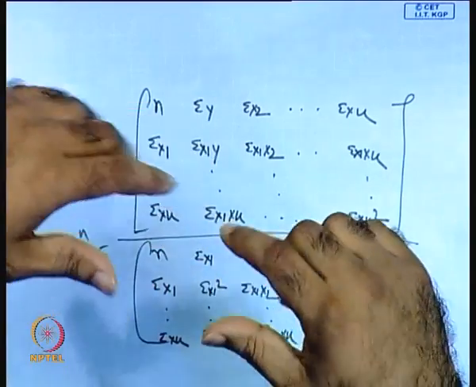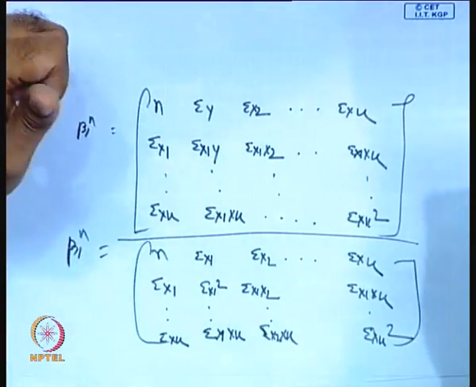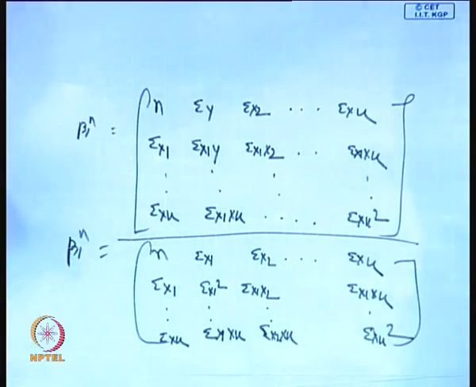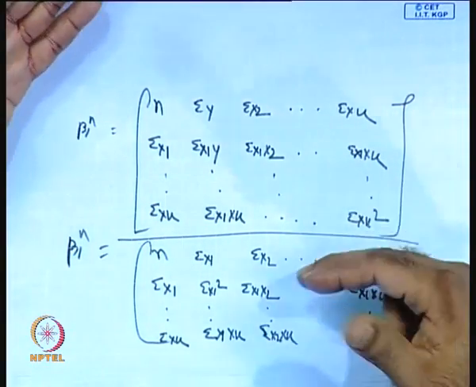So you have to apply an advanced technique like the matrix approach to solve this problem very quickly. This is nothing but a matrix format. If you know the value of this matrix and the value of this matrix, then you can get beta 1 head. Similarly, you can get the value of beta 0 head.